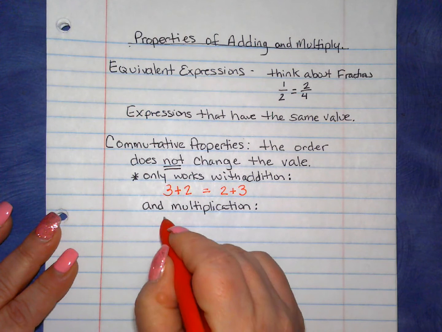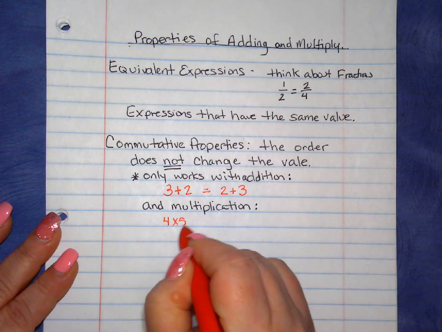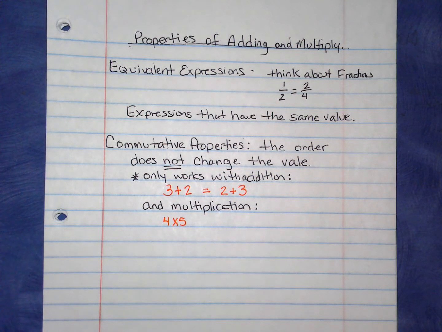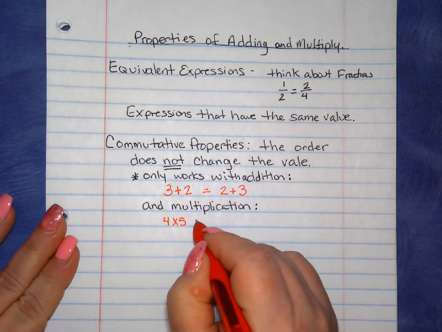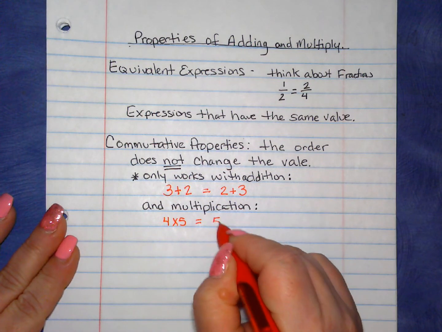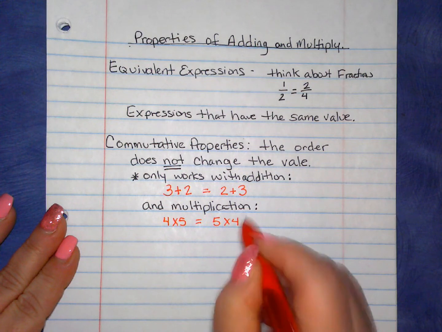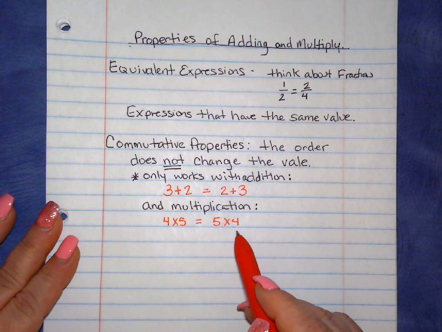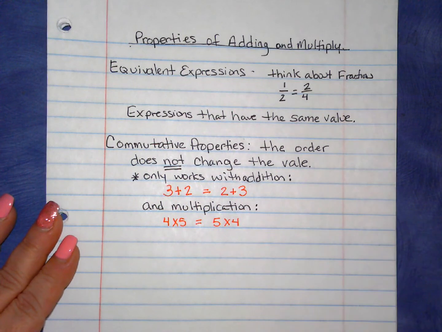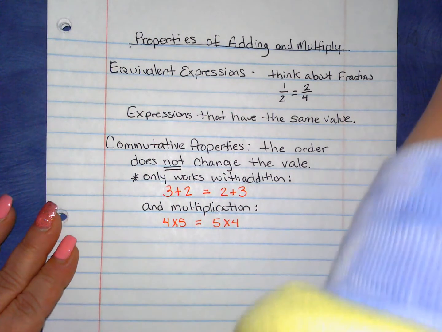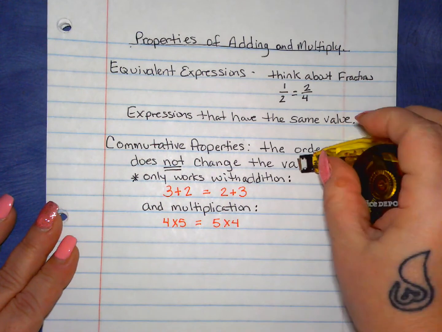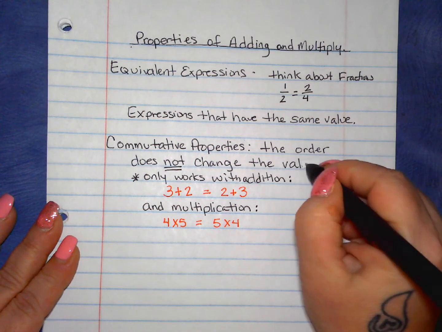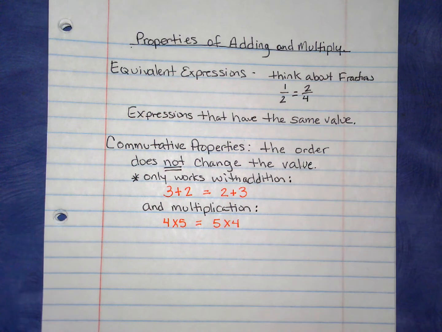If I say 4 times 5 and I commute the numbers, I use the commutative property to move them, and I change it to 5 times 4, well, 4 times 5 is 20, and 5 times 4 is 20, so the value, and I just realized I spelled that wrong, I'm sorry, the value did not change. Okay, so the value doesn't change when you change the order of the numbers.